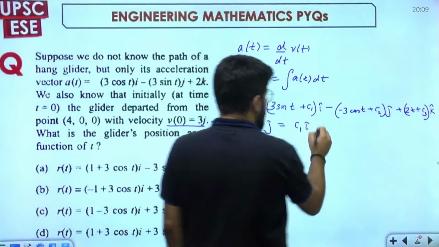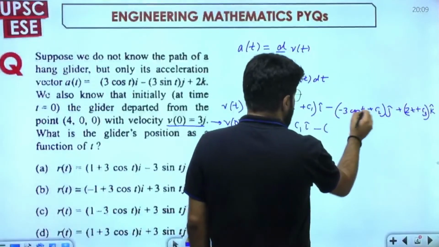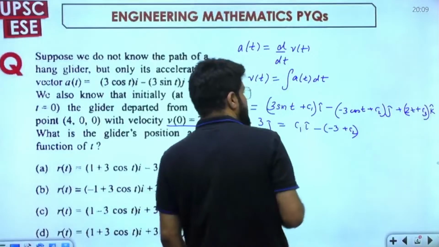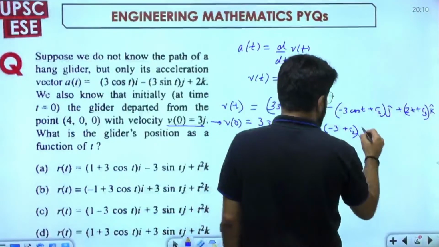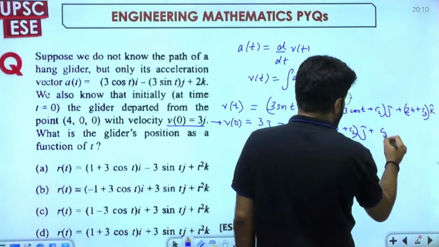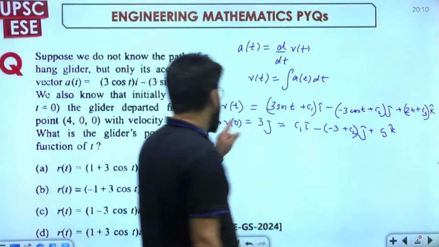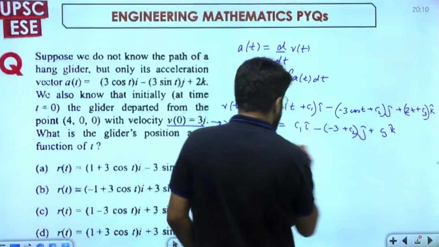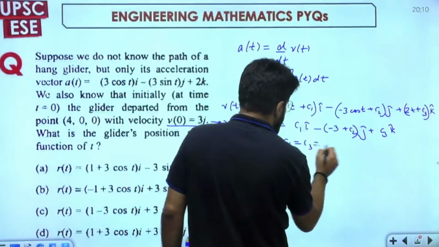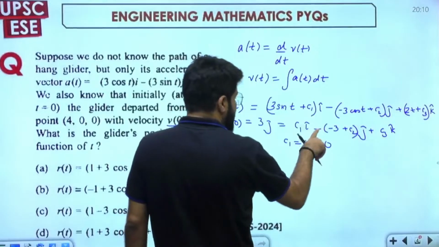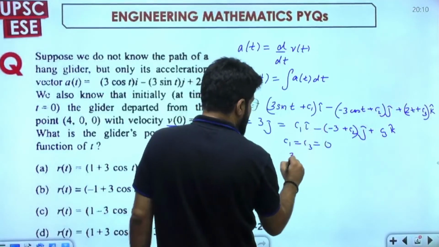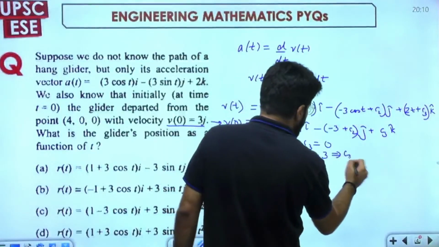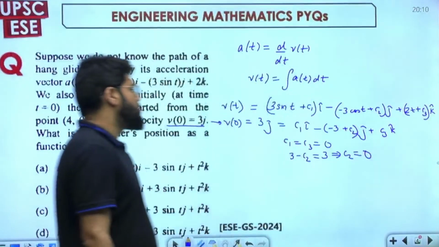Then minus 3 plus c2, because cos 0 is 1, j cap, and put 0 here, so you will get c3 k cap. But the given initial velocity only has the j component along the y direction. That means c1 and c3 are 0, and for this component, if you take the minus inside, so 3 minus c2 should be equal to 3. That means c2 is also 0.